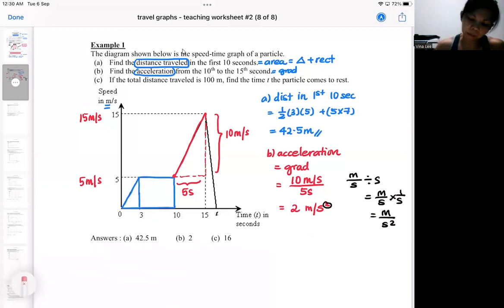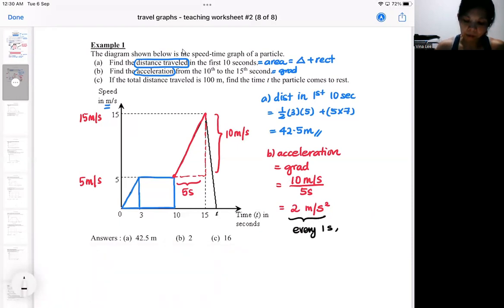Usually we will just write like this. So what is the interpretation of acceleration? That means every 1 second, speed increases by 2 meters per second. So that is the idea of acceleration. So part A and part B already illustrate the features of gradient and area under graph.